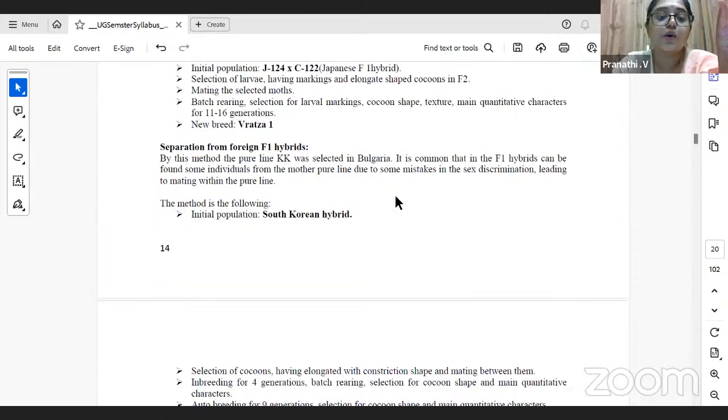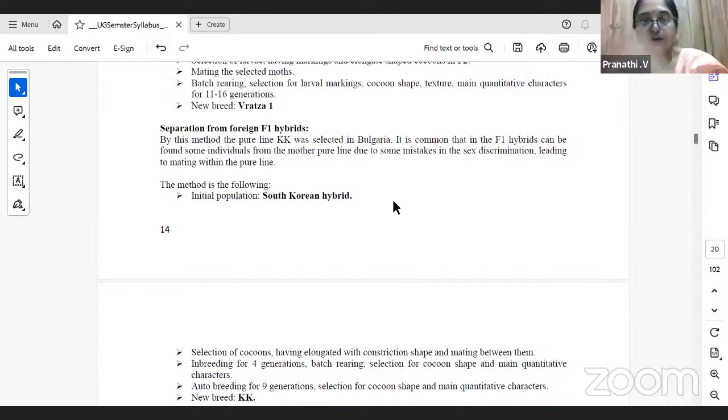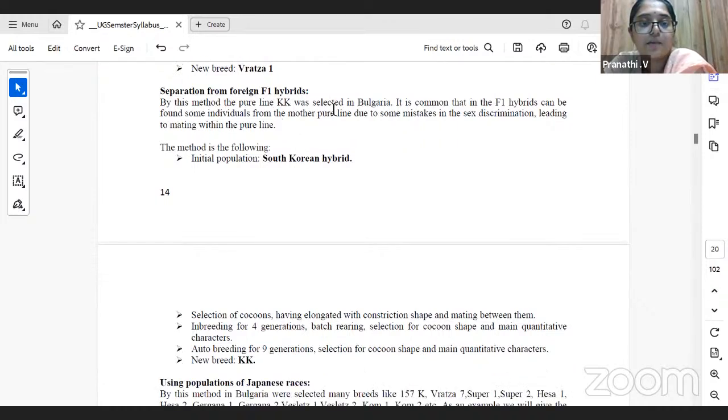And then you're going to separate from the foreign F1 hybrid in the manner that KK is a pure line that was selected in Bulgaria, which is a common first filial hybrid that is formed from the pure mother line. But that was because of some kind of a mistake that was seen in the sex determination, because of which what happened was mating within the pure line resulted in the formation of KK.